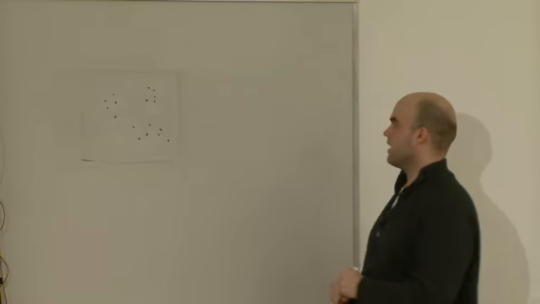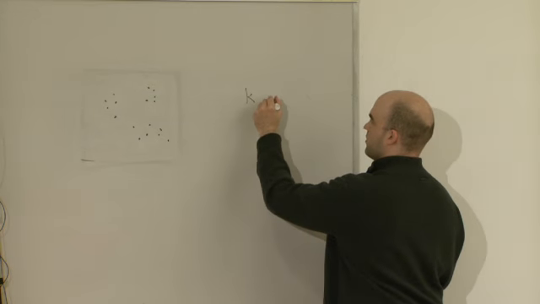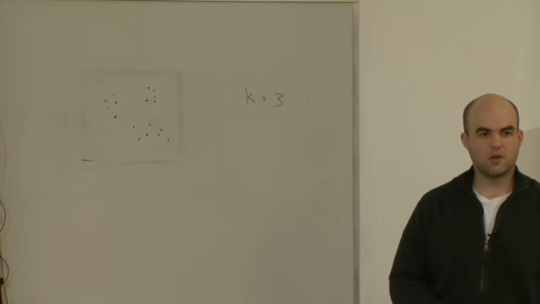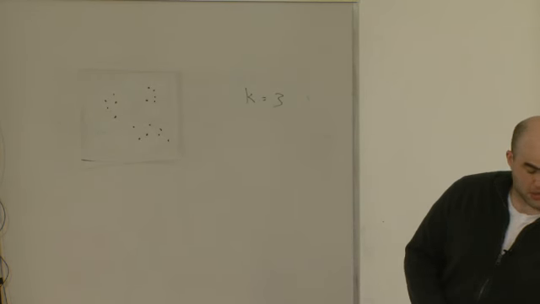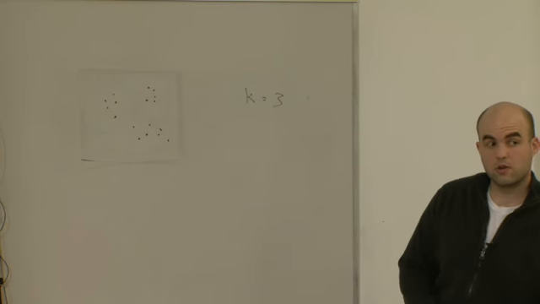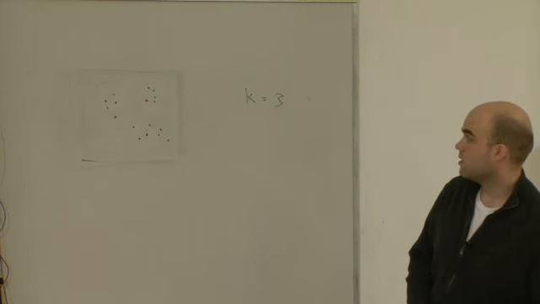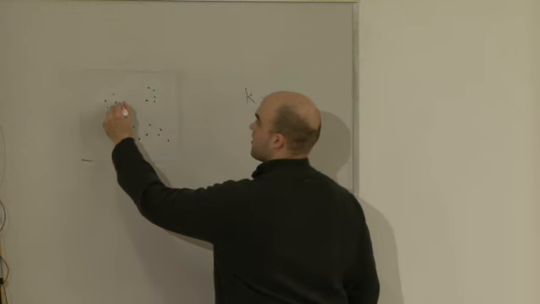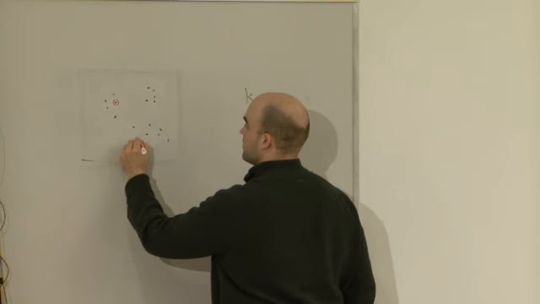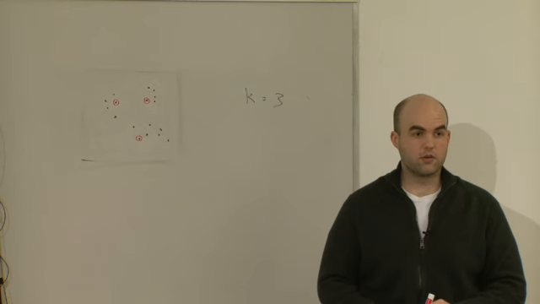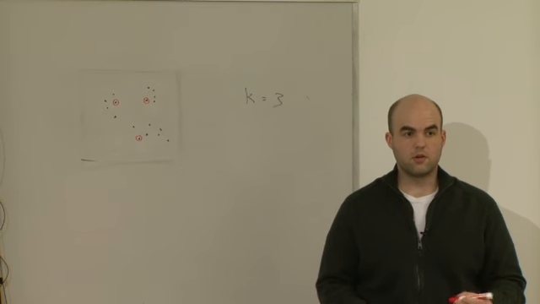Right, so I'm going to choose a k. Let's say for giggles, we're going to choose k equals 3. And then what's my next step? Choose k centroids. So we're going to pick k random points from our data set. All right, and then what do we do?